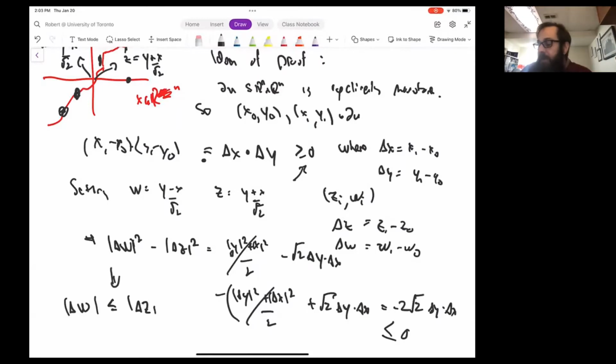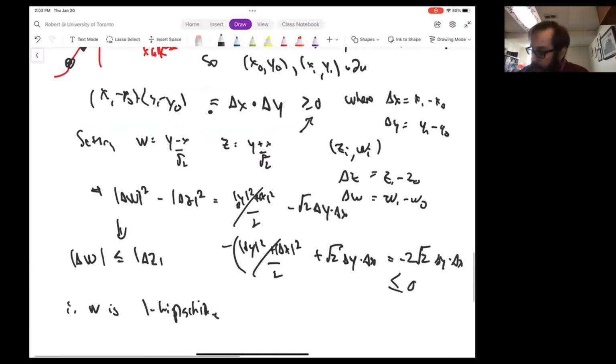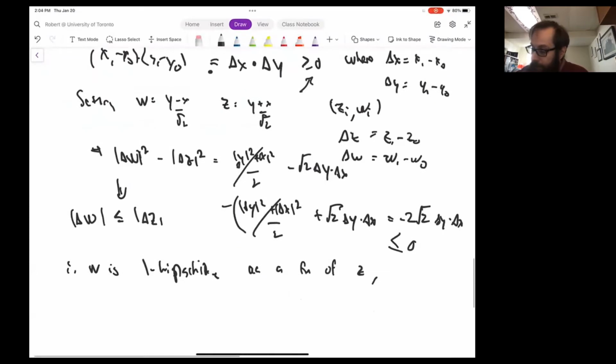So that tells me delta w is a 1 Lipschitz function over z. Hence, differentiable almost everywhere, by Rademacher.